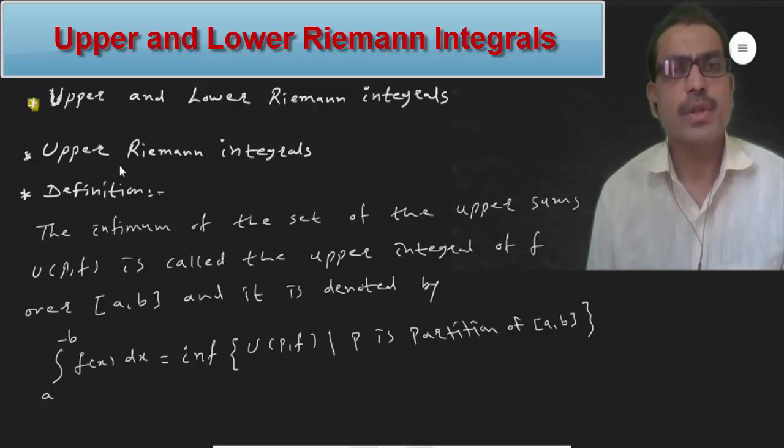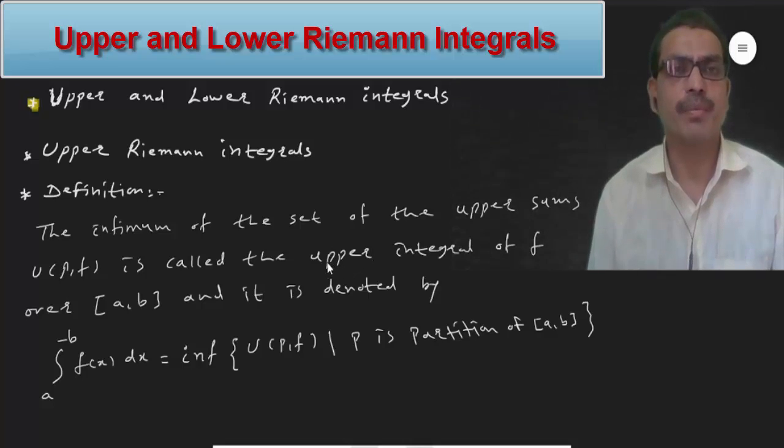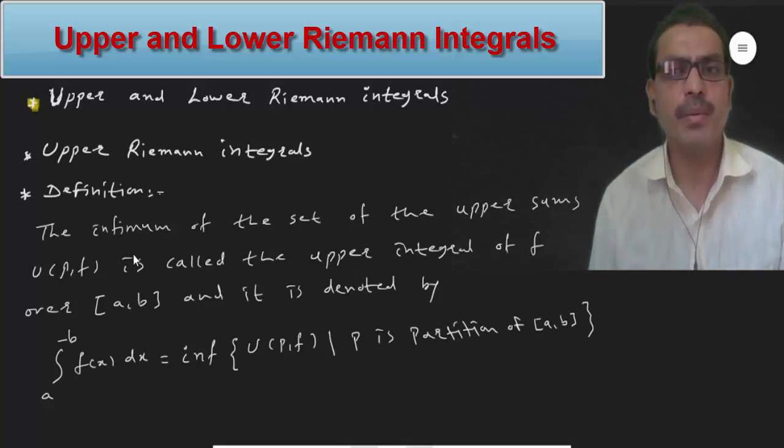See, in the definition of the upper Riemann integral, the infimum of the upper sums is called the upper integral of f over the closed interval [a, b], and it is denoted by the integral of the function f(x) dx, with a bar on the upper side of the integral, over [a, b].